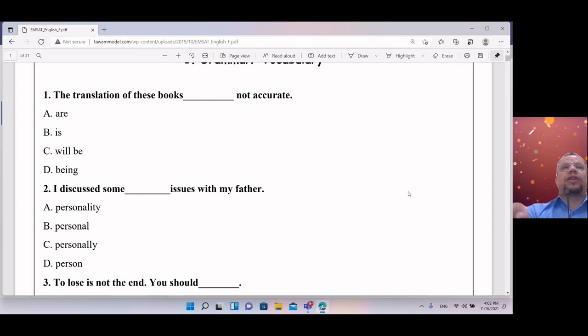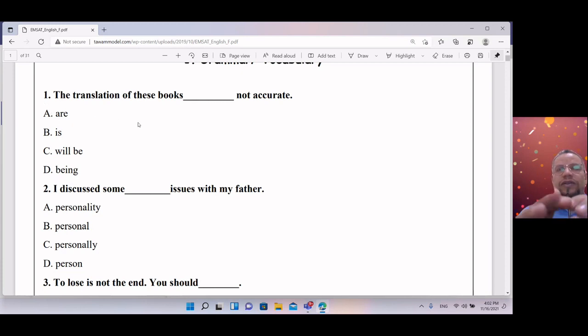Let's go to number 1. Translation of these books, space, not accurate. The translation, singular, and these books, plural. Most students can say that this point, about these books, is plural, which means I have to say "are". And that's wrong.